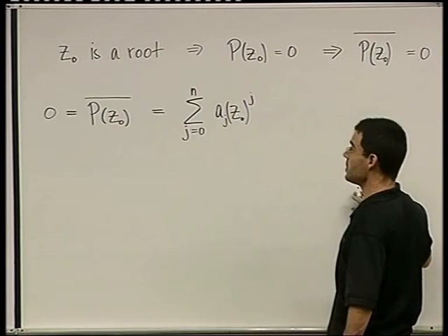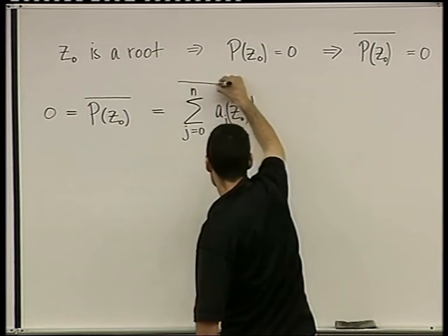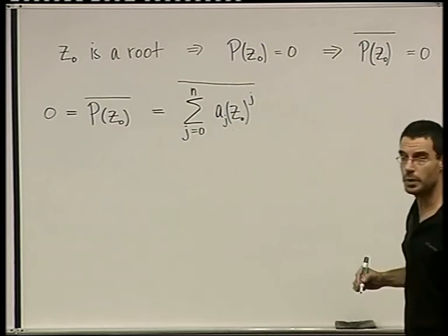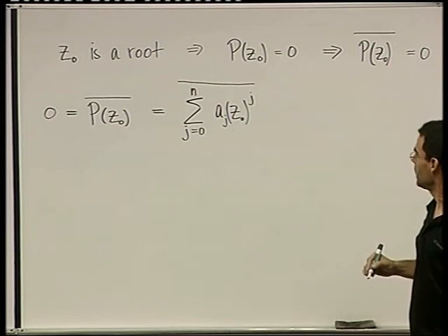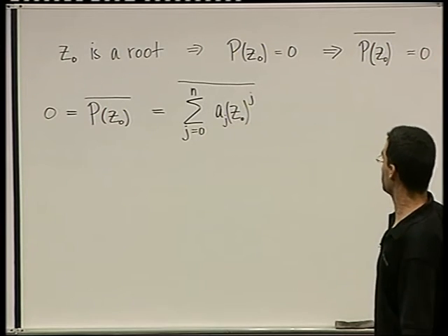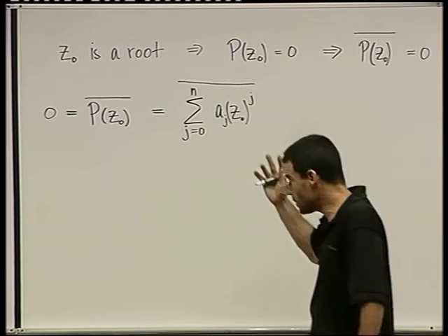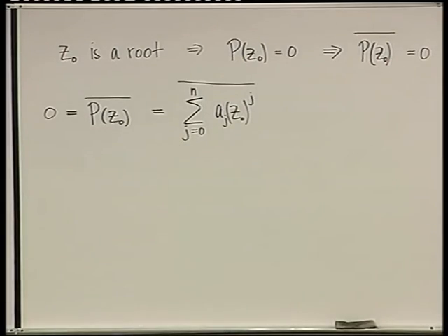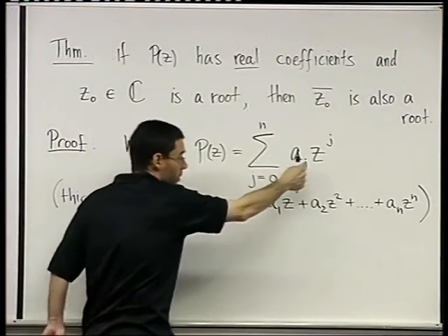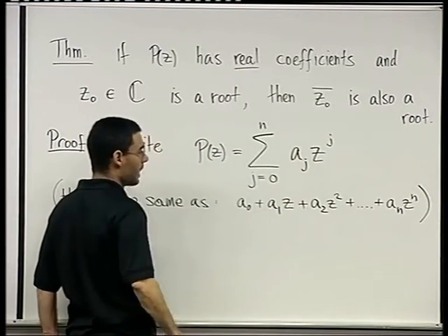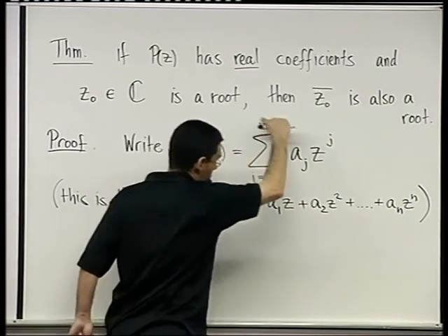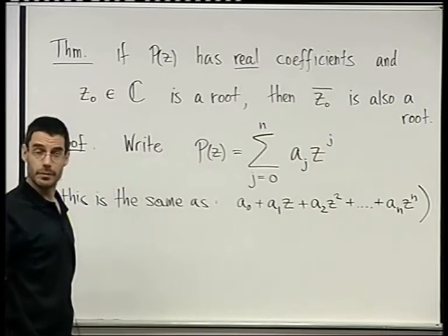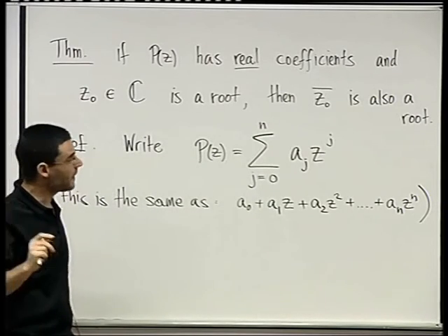This is p of z0, and then bar on the entire thing. Do you agree? Okay, may look scary. You may feel, wow, we're doing real math now, but let's think just for a second. Let's look back one board. Here's p of z. When we plug in z0 instead of z, we get z0. When we take the bar of it, it's just the bar of everything. Do you agree? Okay, so it's not that bad.